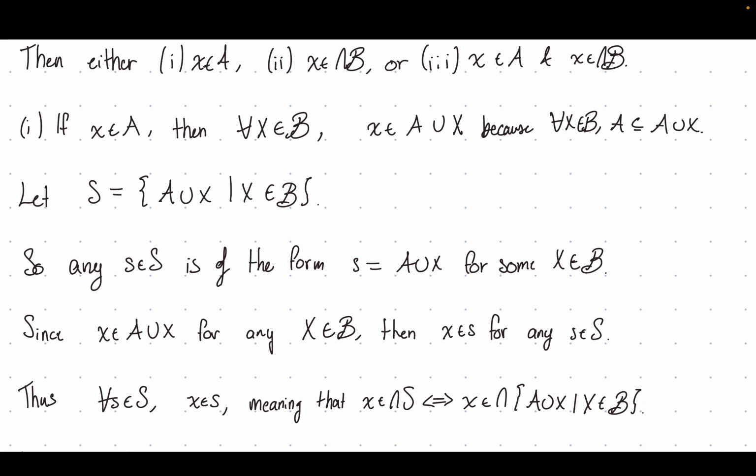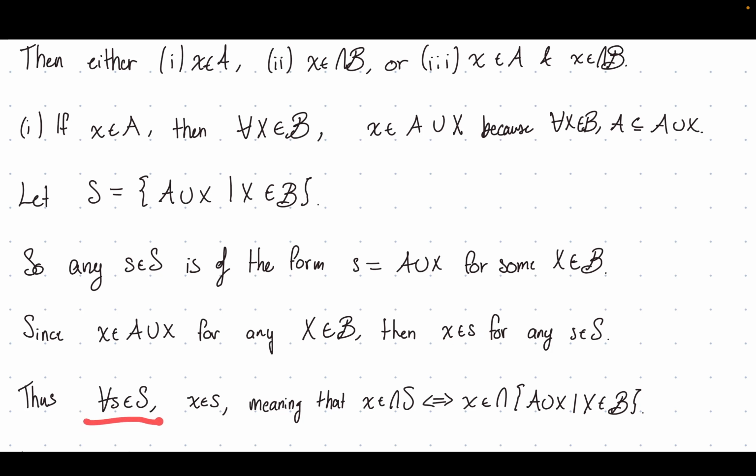So what we said was, since X is in A union X for any big X in B, then if you pick out any little s from the set big S, then X has to be in that little s.